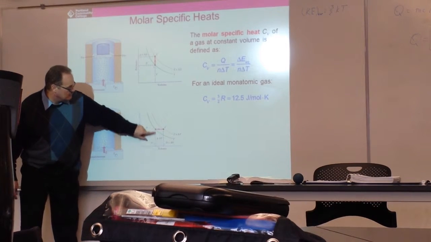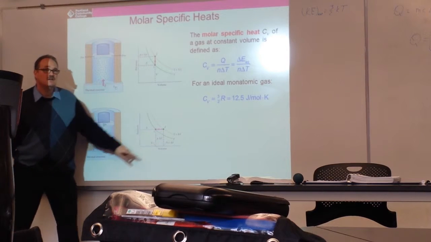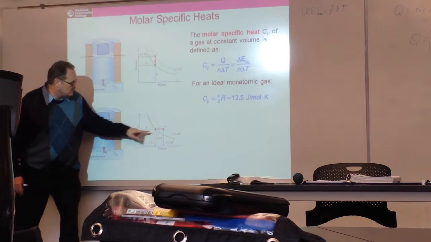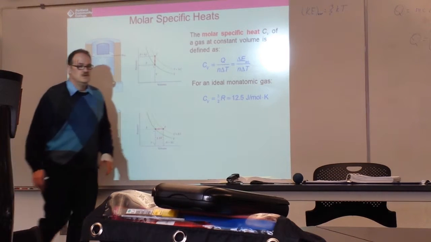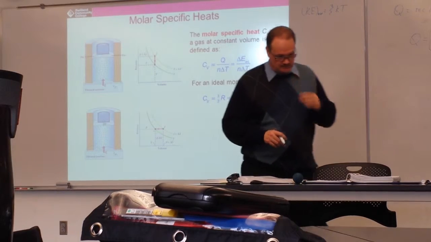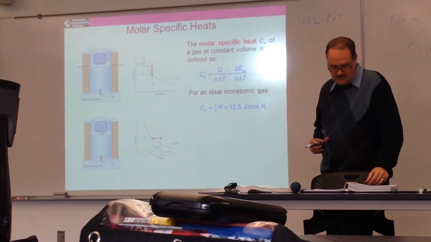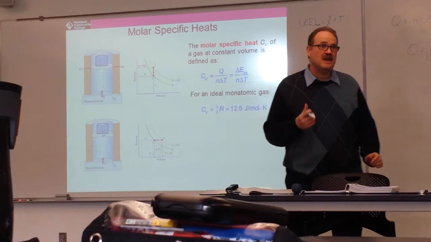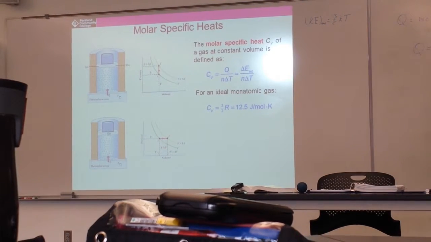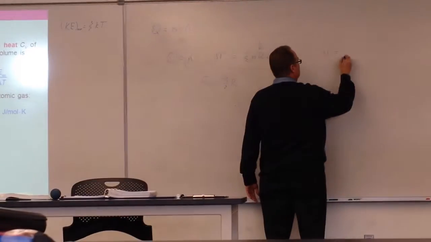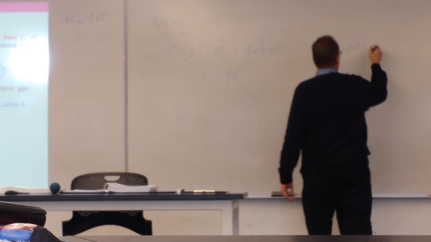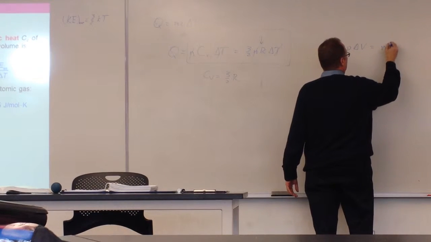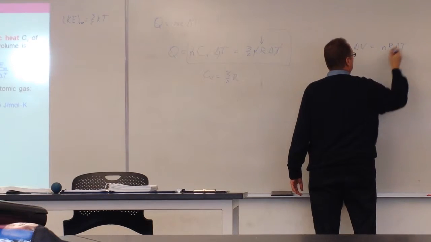Because once we have area on the pressure volume graph, that means some work has been done. So the heat, in addition to changing the temperature, has done work. Well, let's go back and write the first law of thermodynamics and see what that means. So we know the work done is equal to the pressure times the change in volume. But from the ideal gas law, we know that's also equal to nR times the change in temperature.